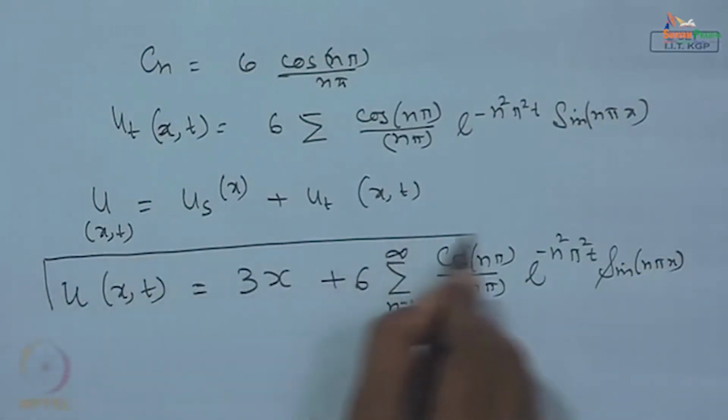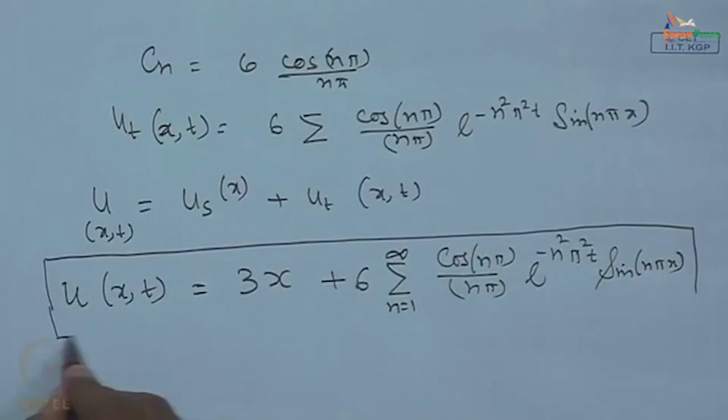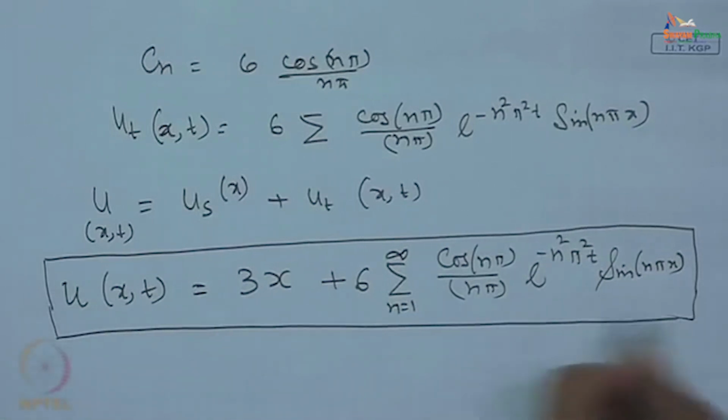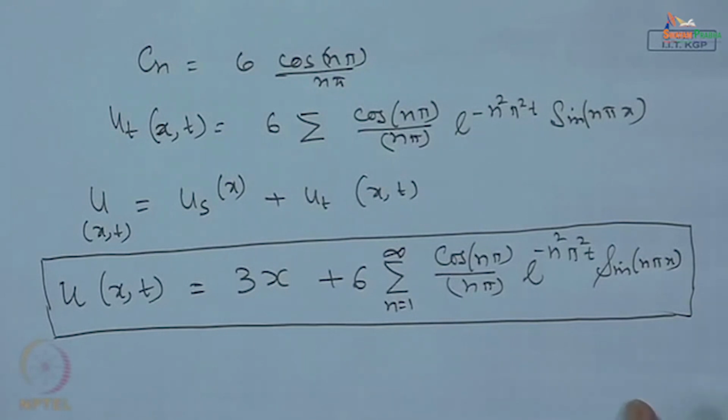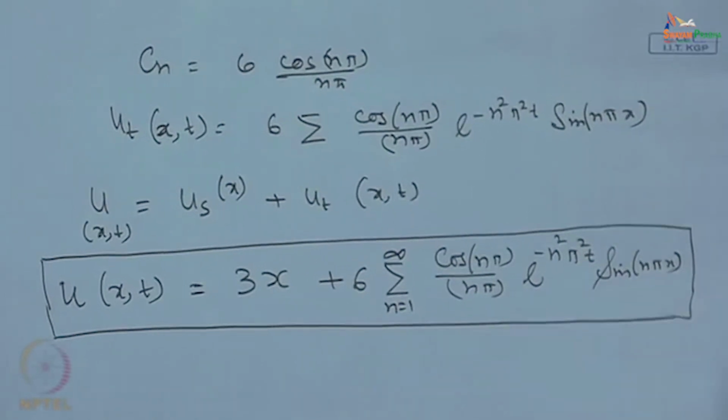So, that gives the complete solution for an ill-posed problem. Then we will also be taking up another example of an ill-posed problem with a Neumann boundary condition and see what we get.